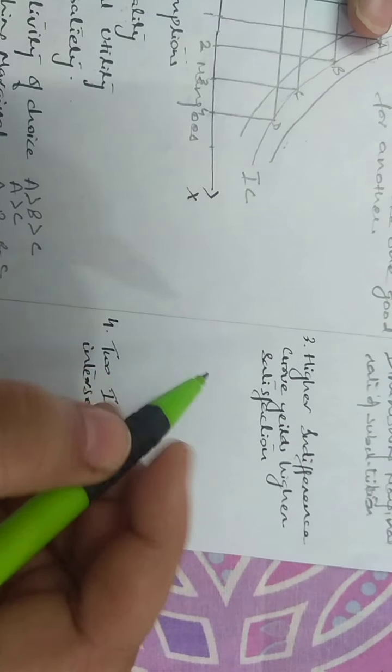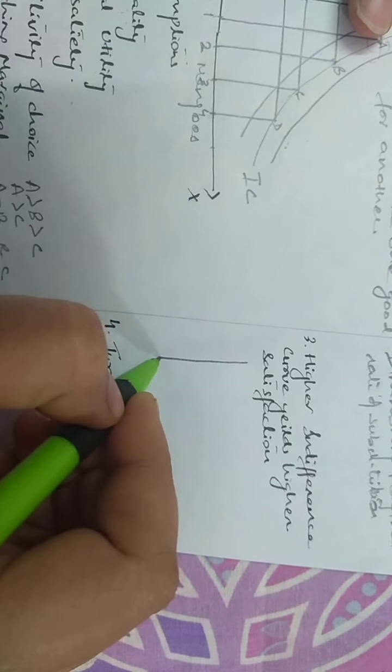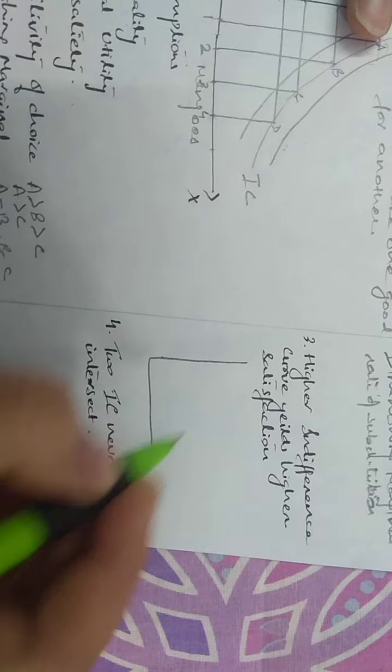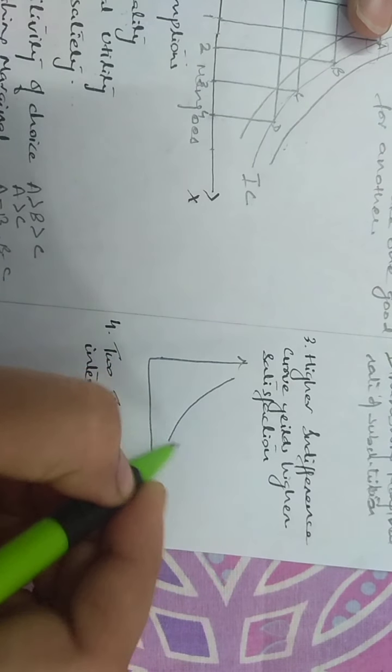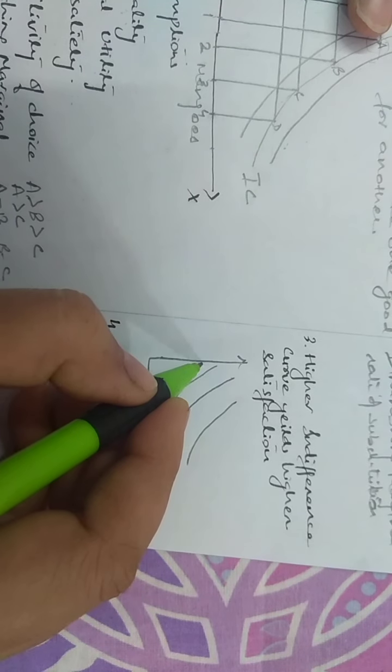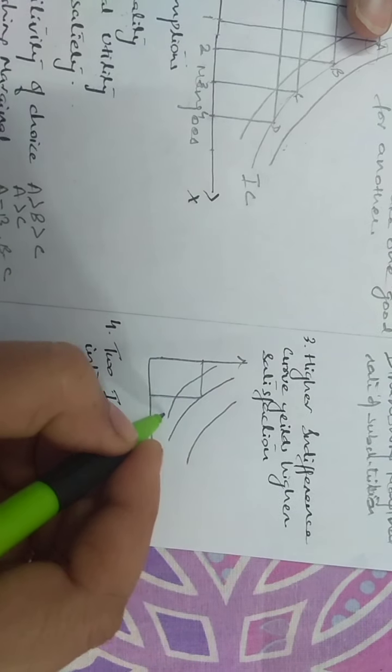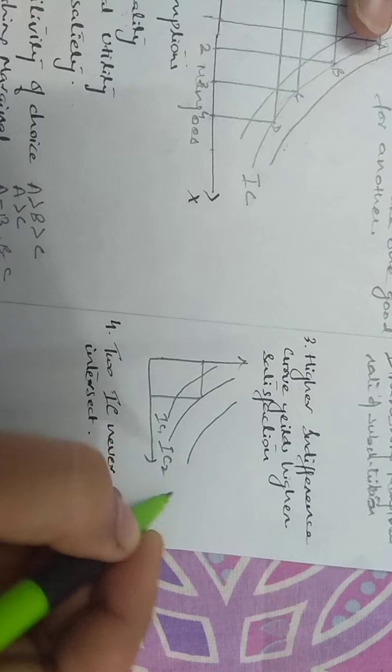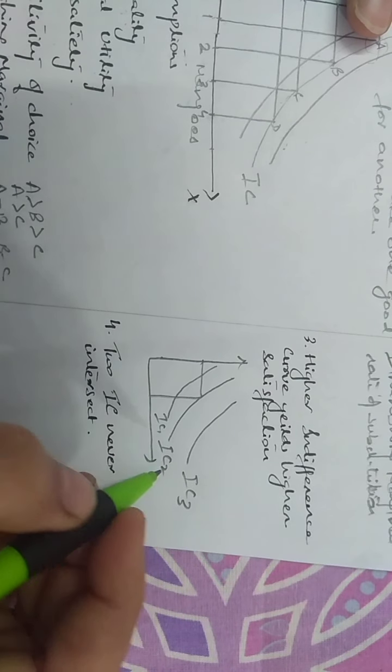The next property says a higher indifference curve will yield higher satisfaction. Why will a higher indifference curve yield higher satisfaction? Now this is IC1, IC2, IC3. These are three indifference curves.